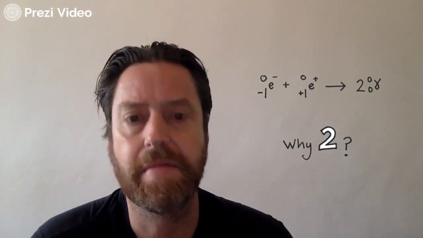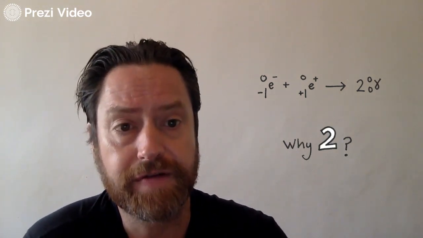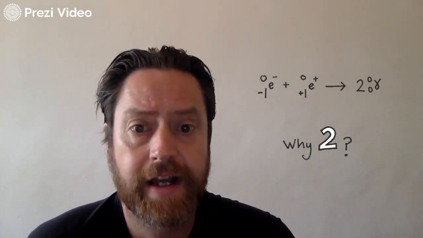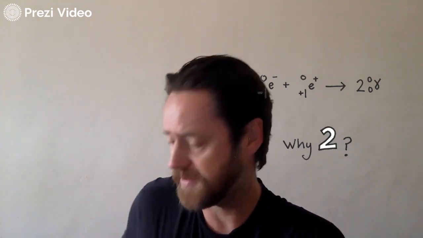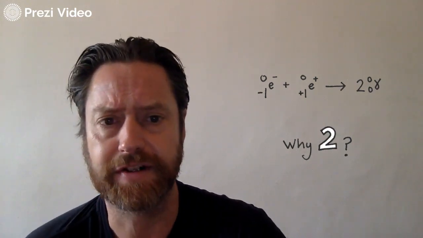It's not 0, it's just much smaller than the atomic mass unit or the mass of a proton. The photon over here has no mass and no charge, which is why it's 0, 0. Now, the thing that I found a little bit odd when I first met this is, why does it produce 2 photons? And that comes from our conservation rules. Because if we look at this equation, I'll put up the next little slide.